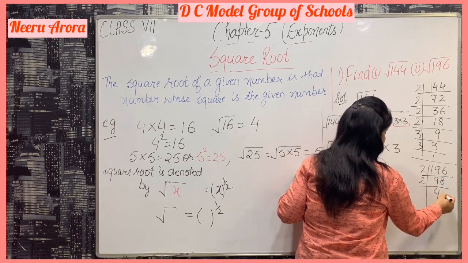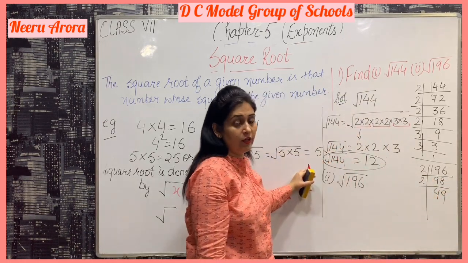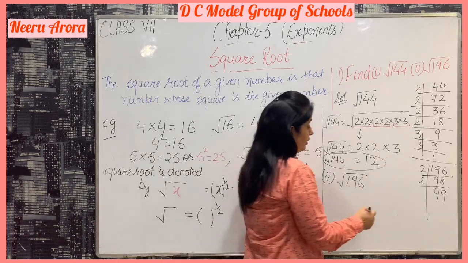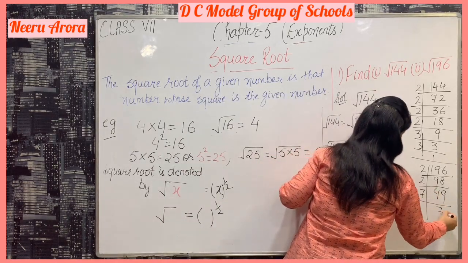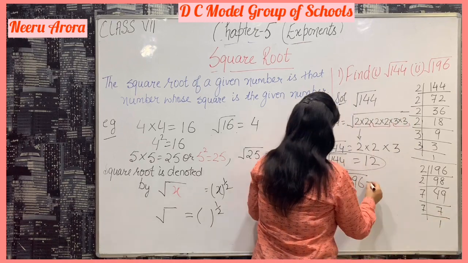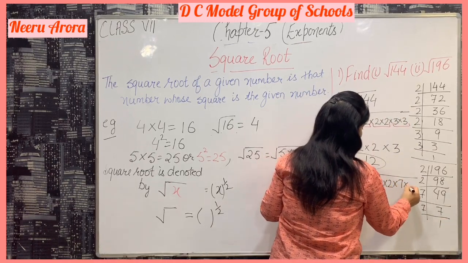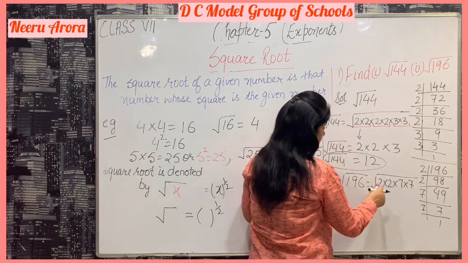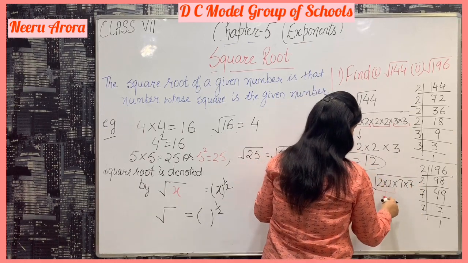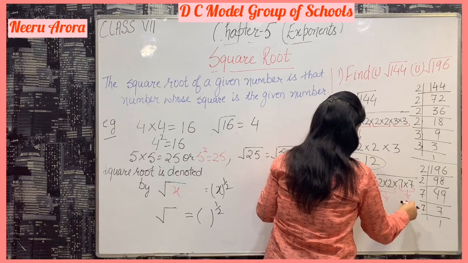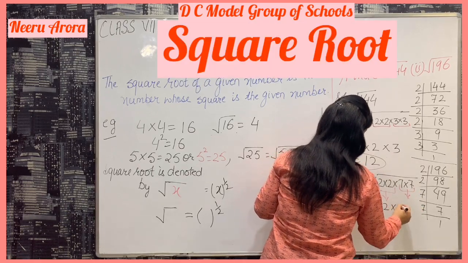Further it is again divisible by 2. Here it comes 49. When we divide 98 by 2, we get 49. So it is 7 7s are 49. So let's write, here it is 2 multiplied by 2, 7 multiplied by 7. So out of this pair we will take 1 out, and out of this pair we will take 1 out. So it is 2 into 7.